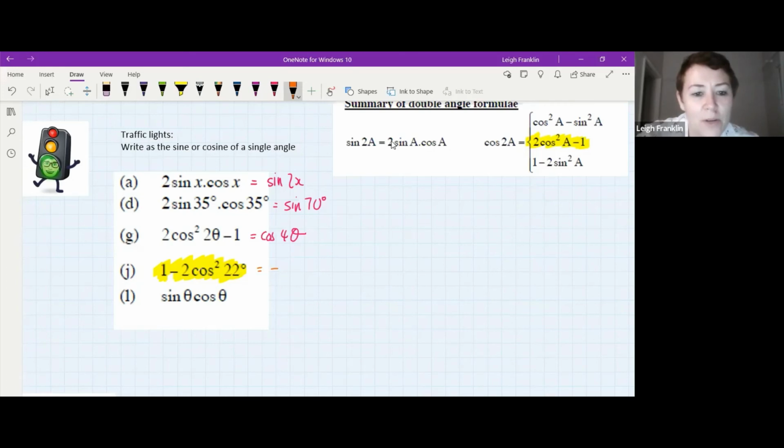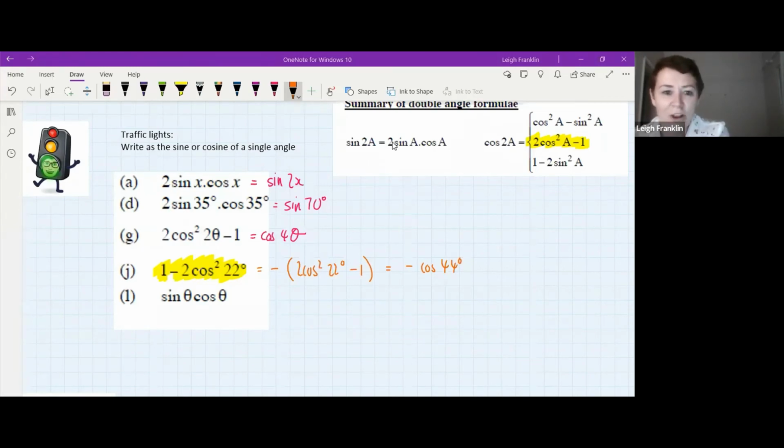That would have given us negative 2 cos squared 22 minus 1, and that would have given us negative cos 44. Well done, Kumo. You didn't fall into the trap. That was great. Good job. Nicely done.